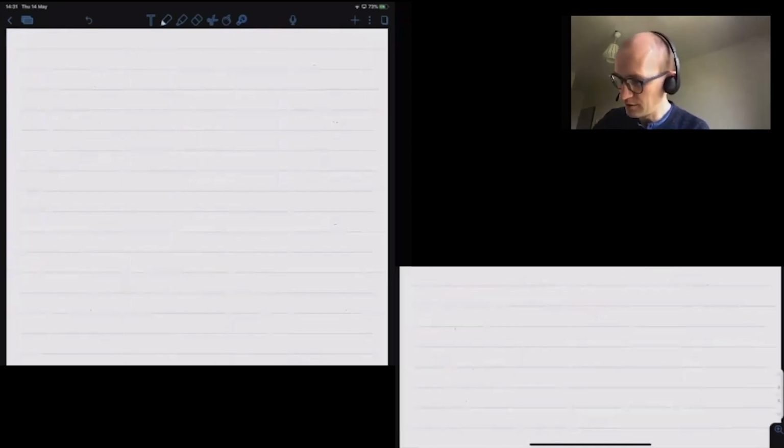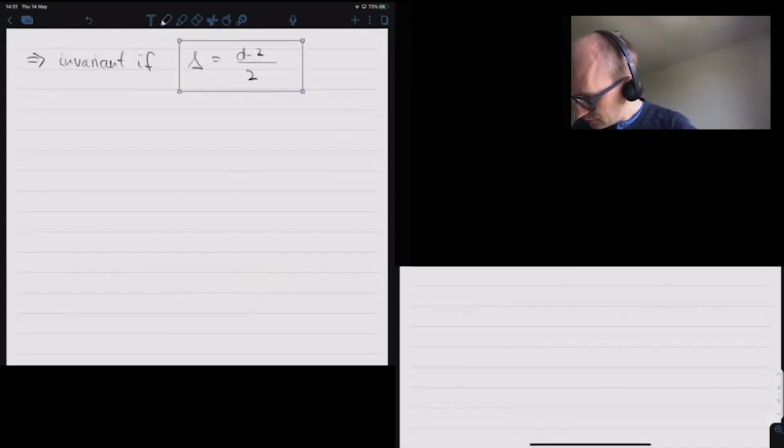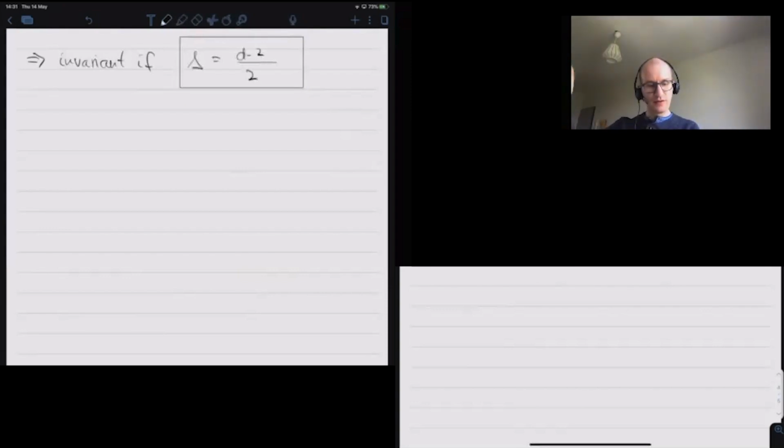So what we conclude is that this is invariant if the conformal dimension delta is equal to (d minus 2) over 2. And that's good because you can convince yourself that this is, of course, the classical or engineering dimension of a free scalar in d dimensions.